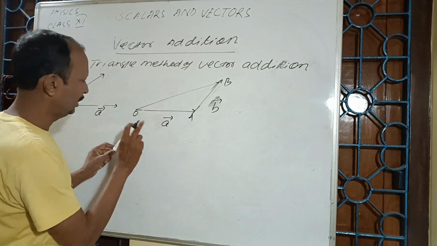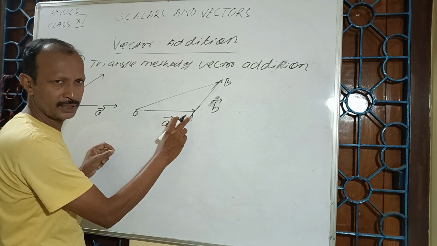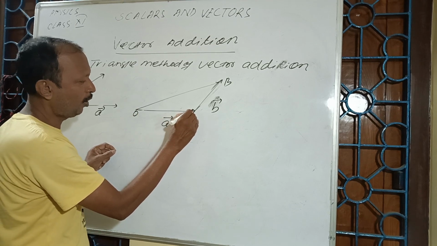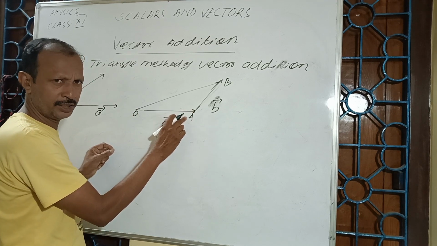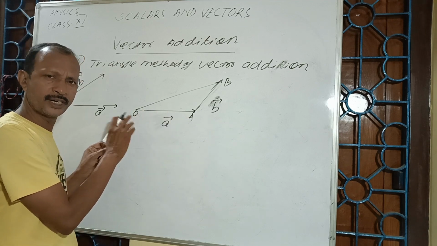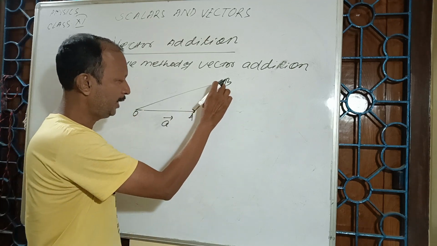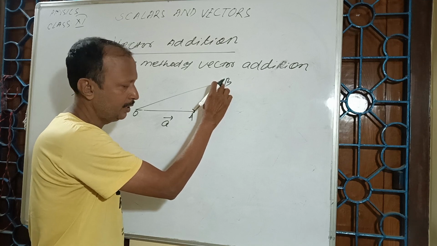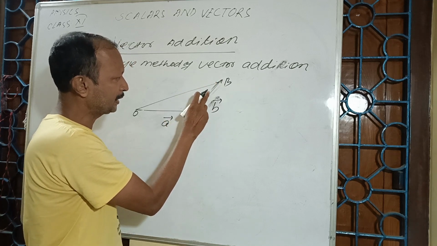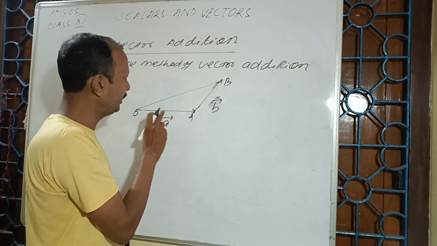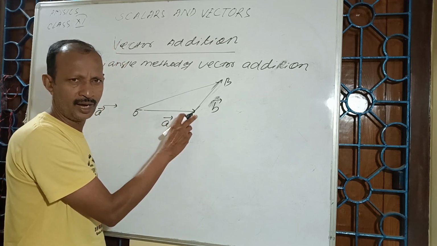Here O to A is the vector. Point A is the head or the tip of the vector, where O is the tail. For vector B, that means AB, the tail of the second vector coincides with the head of the first vector.